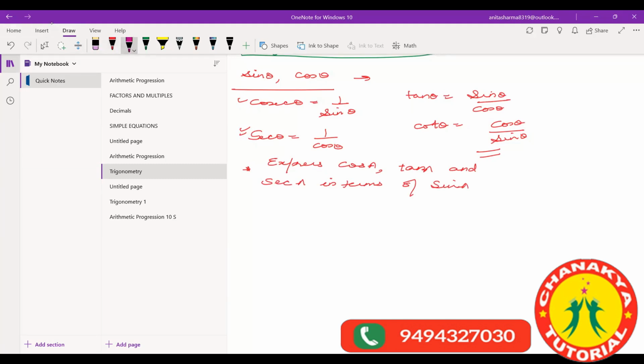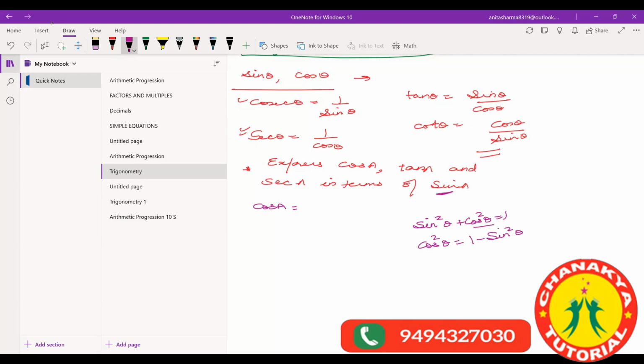See, let us take first of all cos A. So we have to write in the form of sin. So how we can write? See, we have first identity: sin square theta plus cos square theta is equal to 1, right, beta? Now we will find the value of cos square theta. It will be 1 minus sin square theta, right?